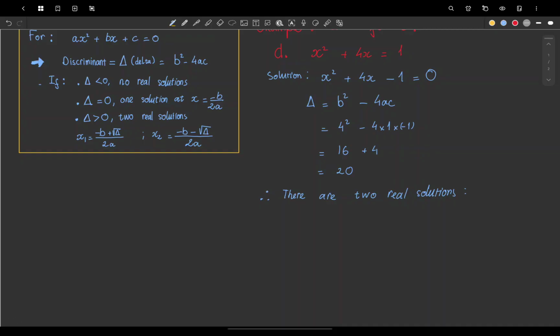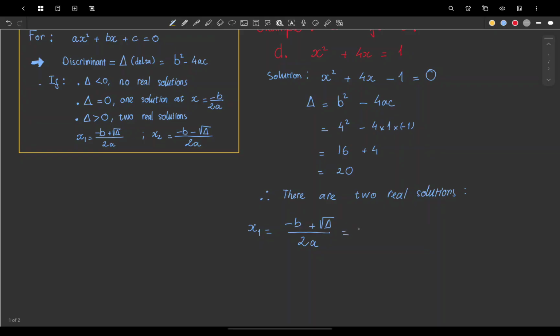Right, so the first solution, which is your x1, is going to be equal to negative b. We just have to follow the formula that we've got over here. See that? This formula. So negative b plus the square root of the discriminant, which is 20, we're going to replace that later, over 2a.